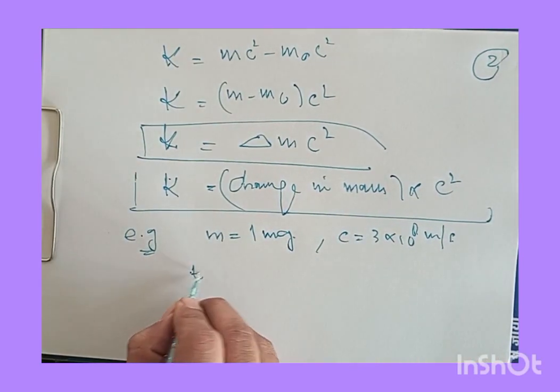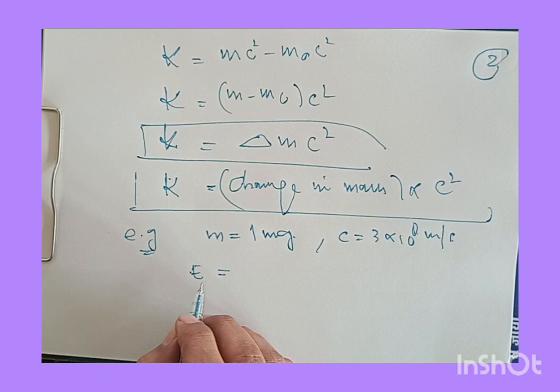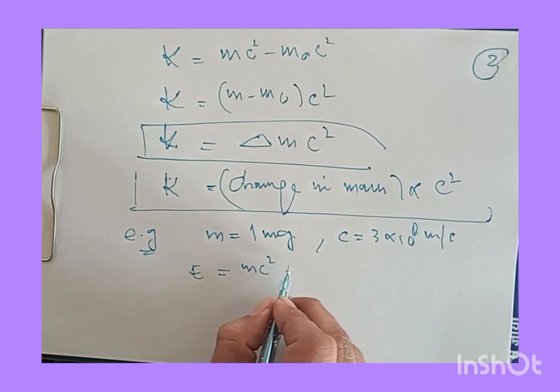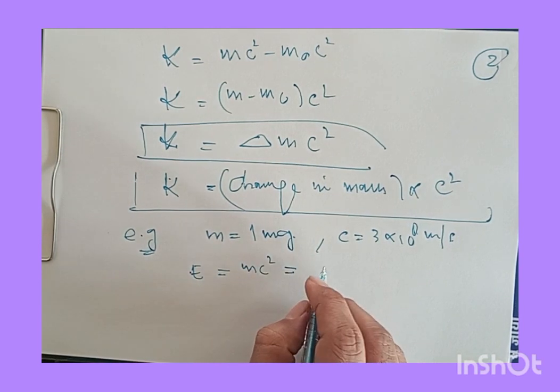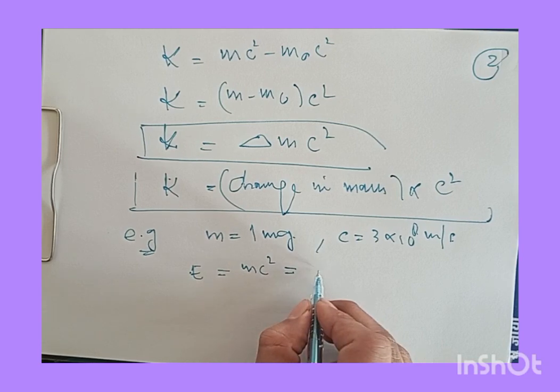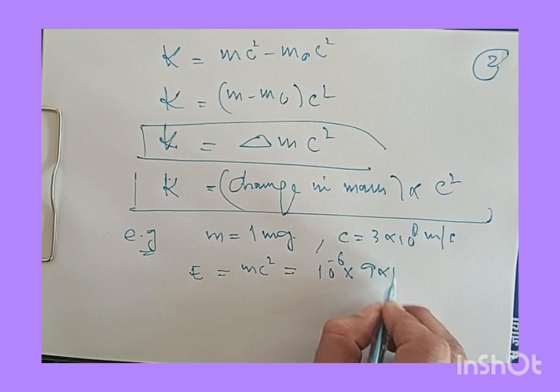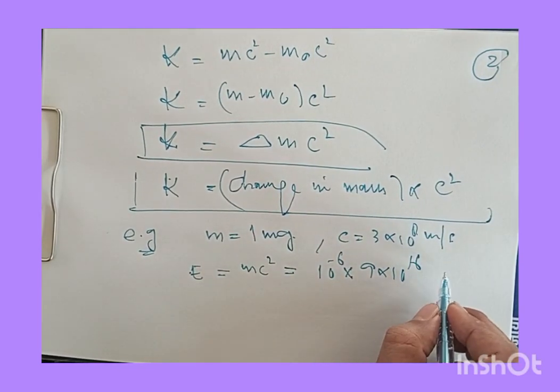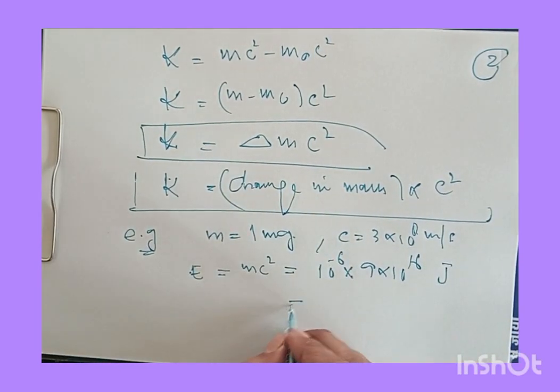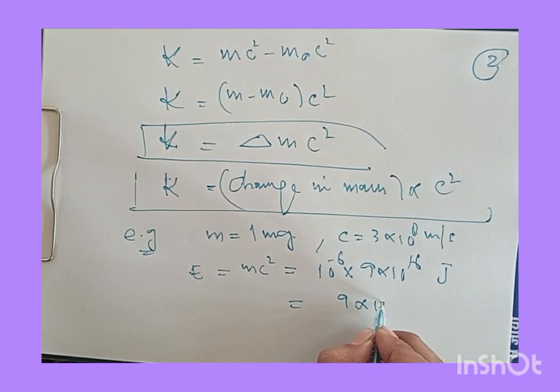So how much energy would I expect from this small mass will be given by mc squared, and that will be 10 to the power of minus 6 kilograms times 9 times 10 to the power of 16, in joules. So certainly we are getting here 9 times 10 to the power of 10 joules.